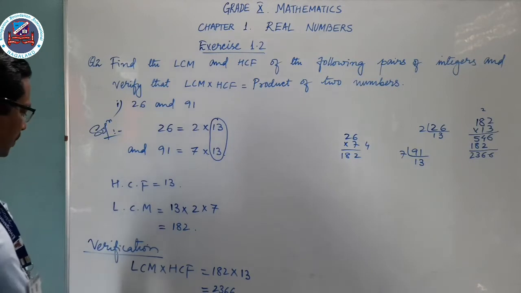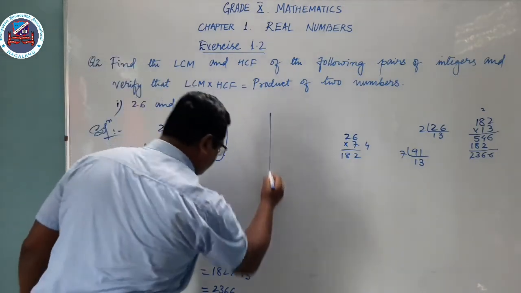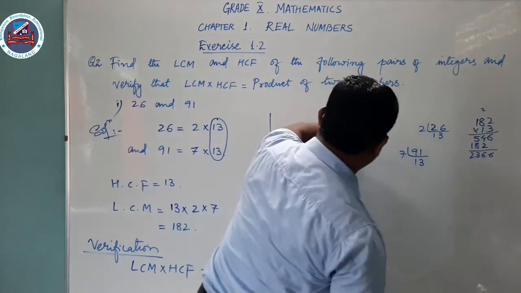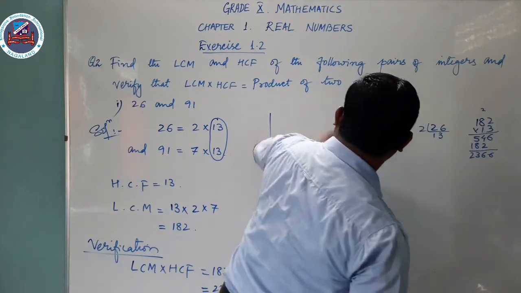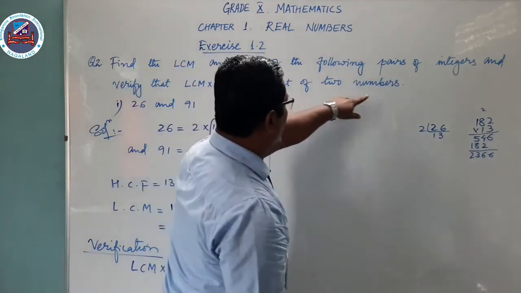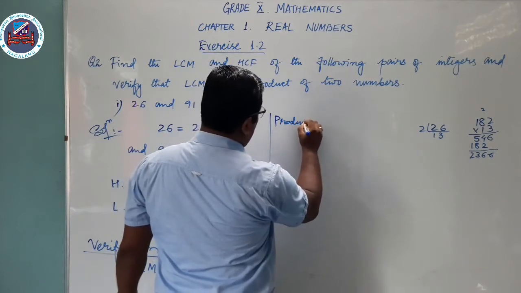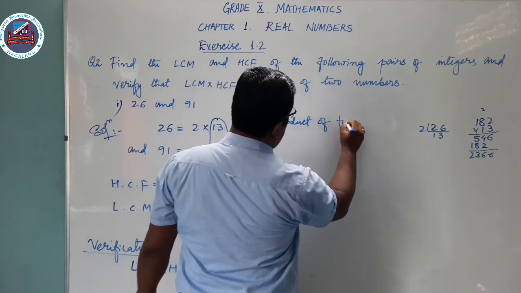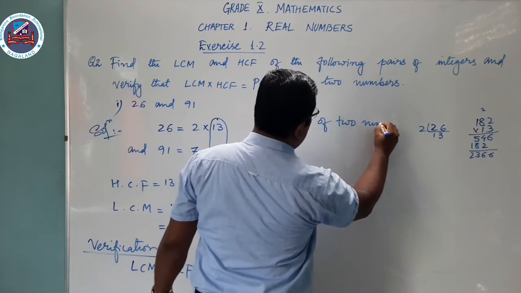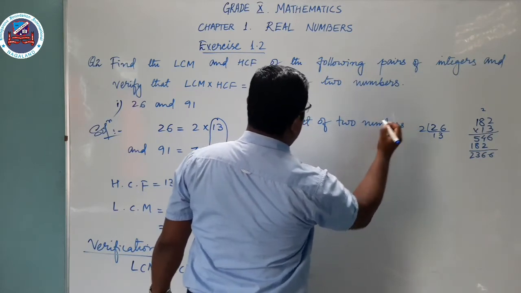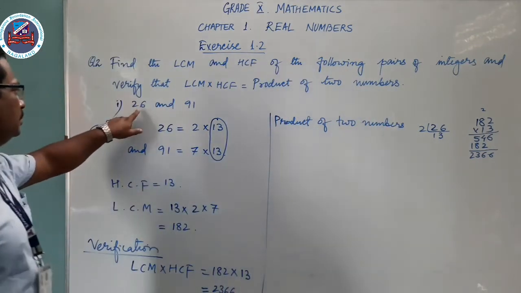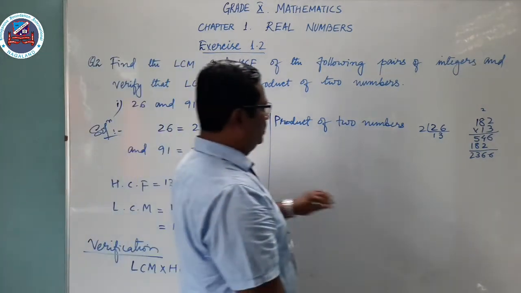The next step is, you will find out the product of two numbers. Numbers means the given numbers. The given numbers are 26 and 91.